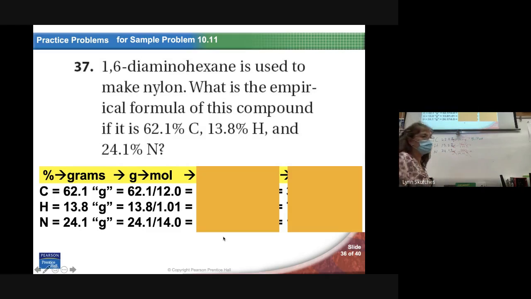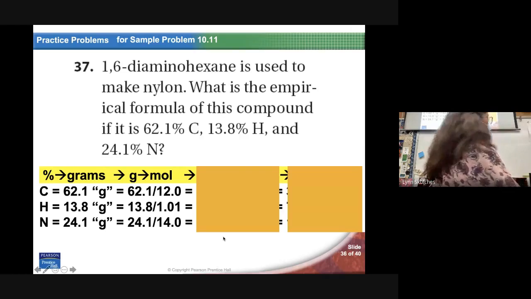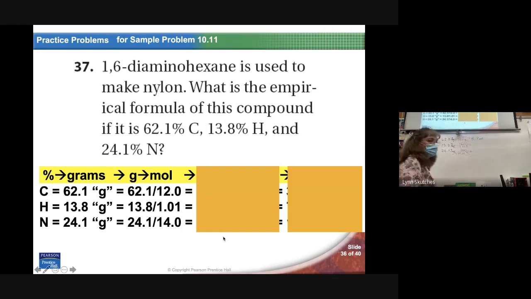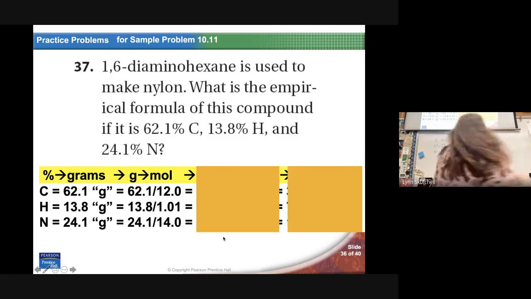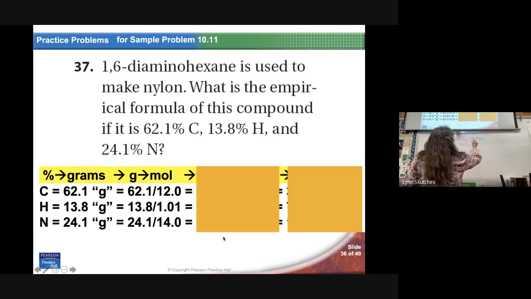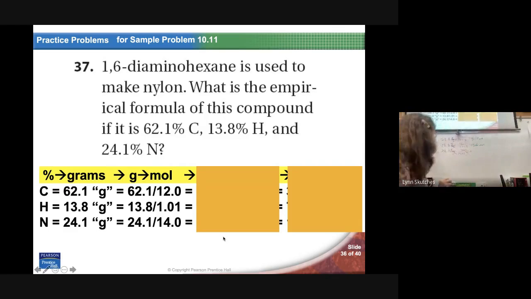How about moles of hydrogen? This is going to depend on whether you do the 1.01 or the 1. I mean, it is 1. It's close enough, but I think it's 13.66 if you use 1.01. And I forget what the other one is. Aiden, did you get nitrogen yet? 1.72, that's right.